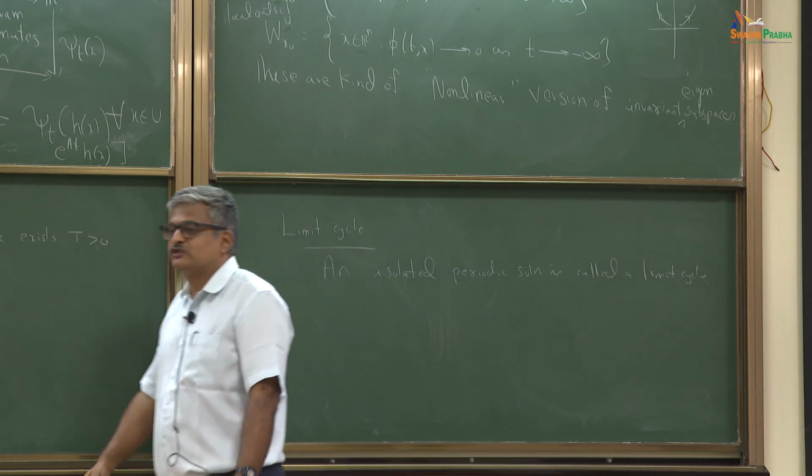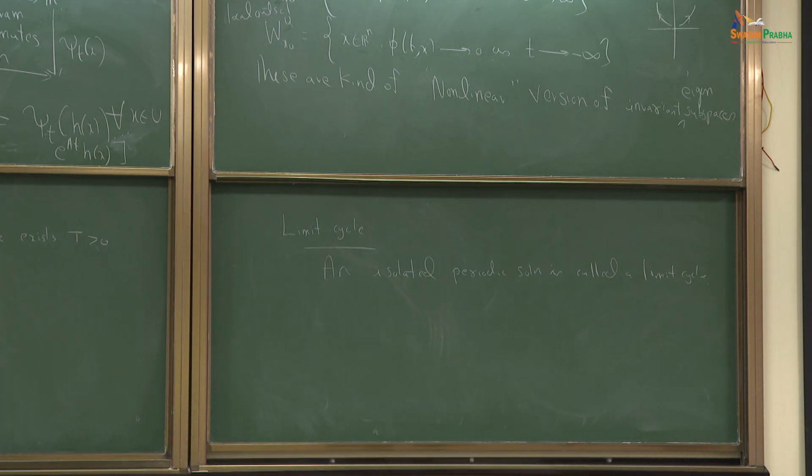What is meant by isolated? You can find a neighborhood of that closed solution such that in that neighborhood there is no other closed solution, right?